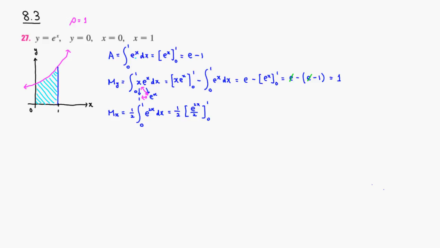I'm going to combine this 2 and change that to 4 on the bottom. So it's 1/4, and plug in 1, you get e squared, minus plug in 0, e to the 0 is 1 again.